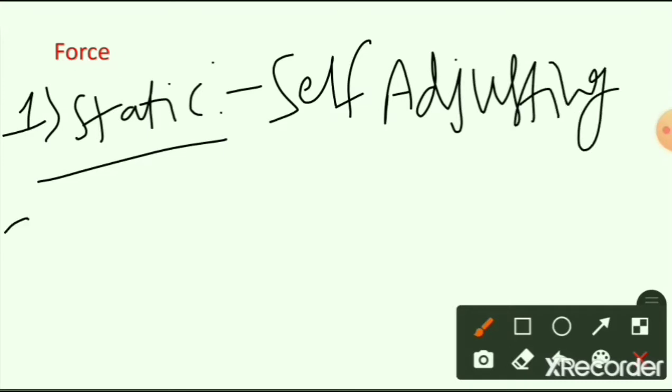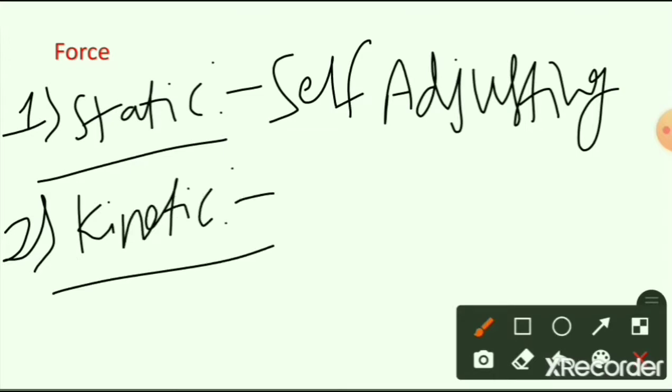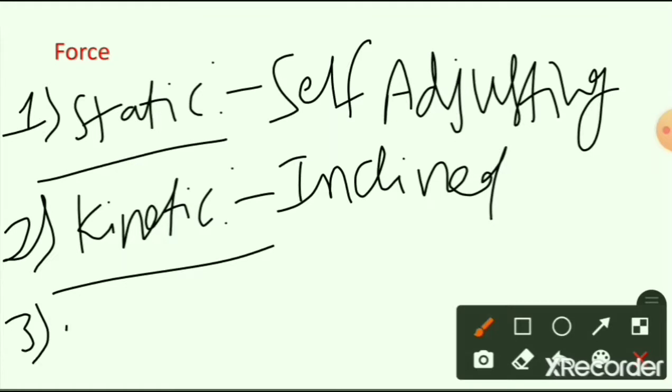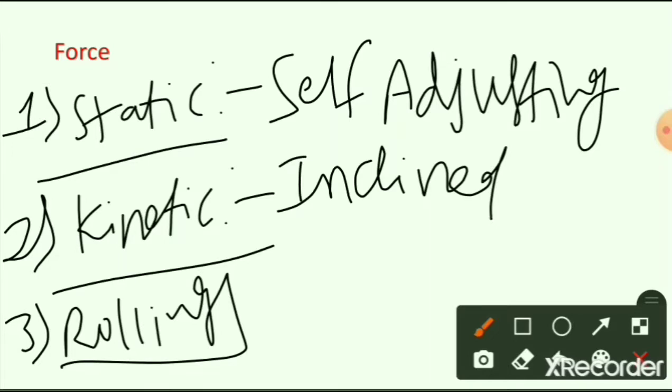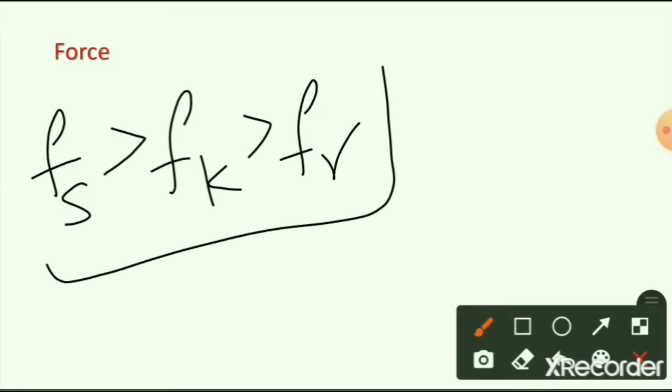Then kinetic friction, for example a boy walking on the floor, an object moving on an inclined surface. Next one, rolling friction: friction between vehicle tires and road. The relationship: static friction is greater than kinetic friction, which is greater than rolling friction.